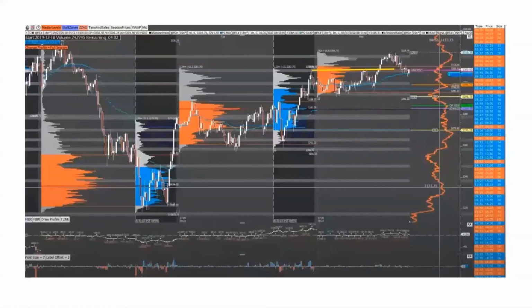So here's a chart that we've used on the ES minis, okay? And this is using volume profile analysis. The E-minis, the ES futures on the S&P 500, it works very well.